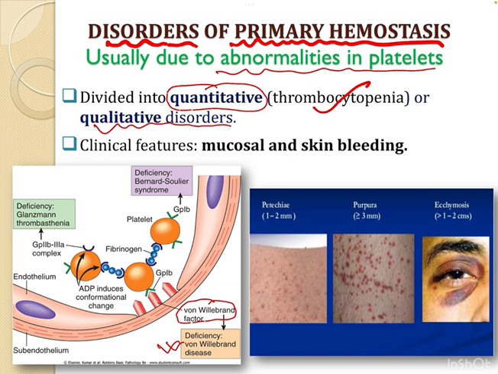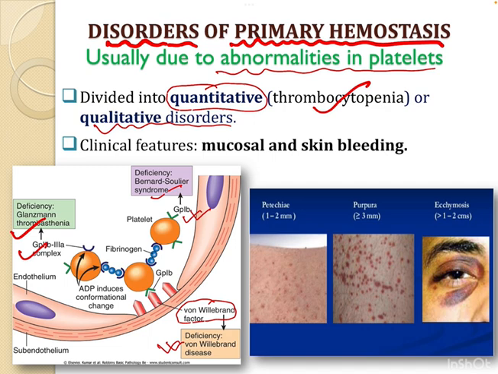Another is deficiency of glycoprotein 1b receptors, known as Bernard-Soulier syndrome. Another qualitative defect is deficiency of the glycoprotein 2b 3a complex on the platelet membrane, which is the disease known as Glanzmann thrombasthenia. So these are some of the qualitative disorders.